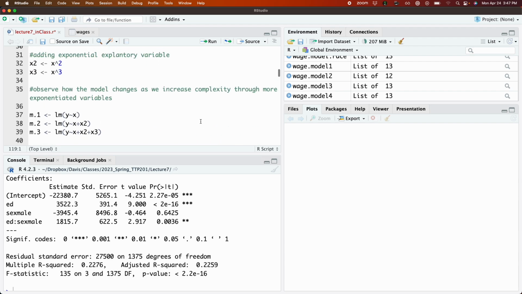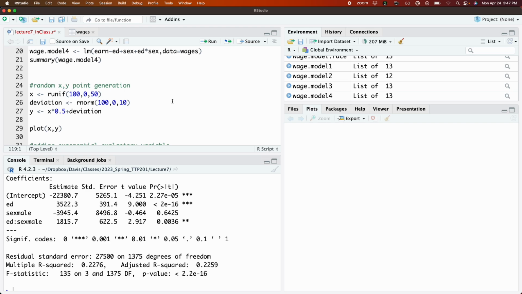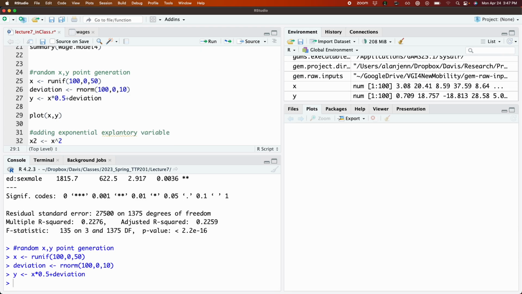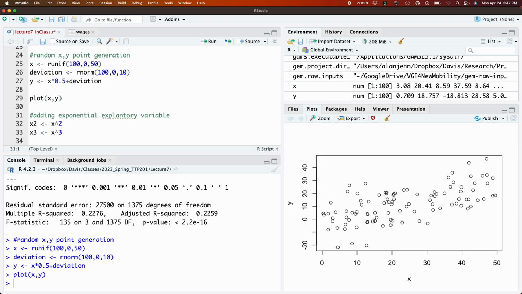Okay, I copy and pasted a bunch of code. So again, you don't have to follow along. This is all going to get posted. Let's just walk through this and see what's happening. Okay, we got our classic x and y. All right, great.